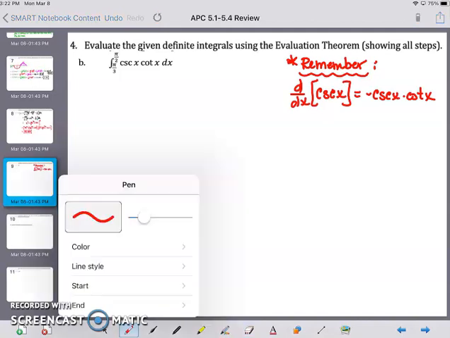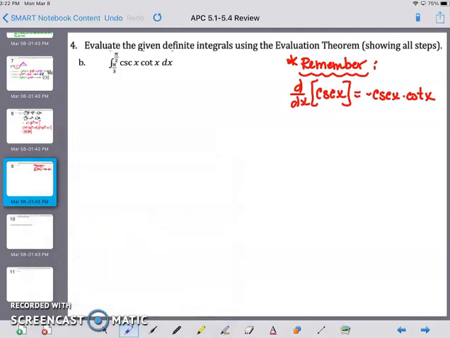All right, so when I integrate this function, this is just going to be equal to negative cosecant x evaluated from pi over 3 to pi over 2. And again, if you're not sure, take the derivative of that, right?